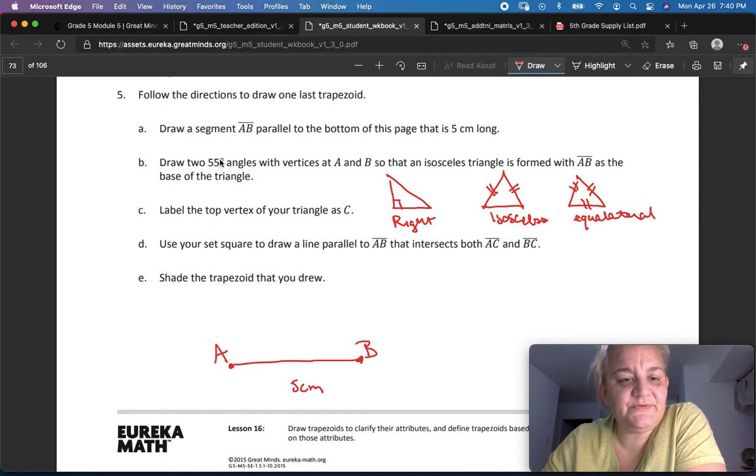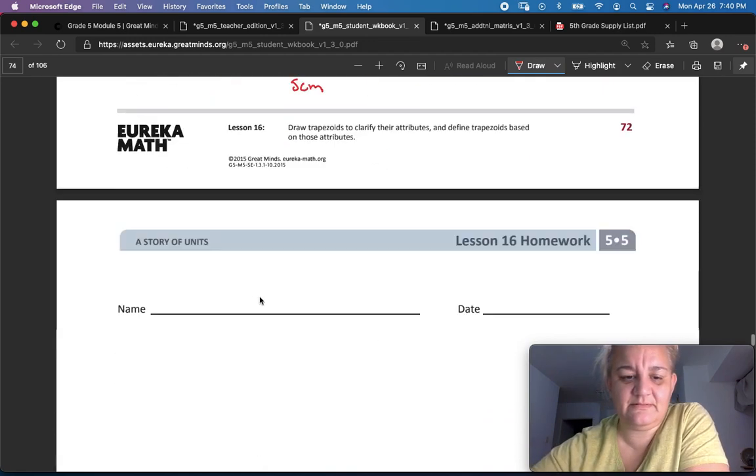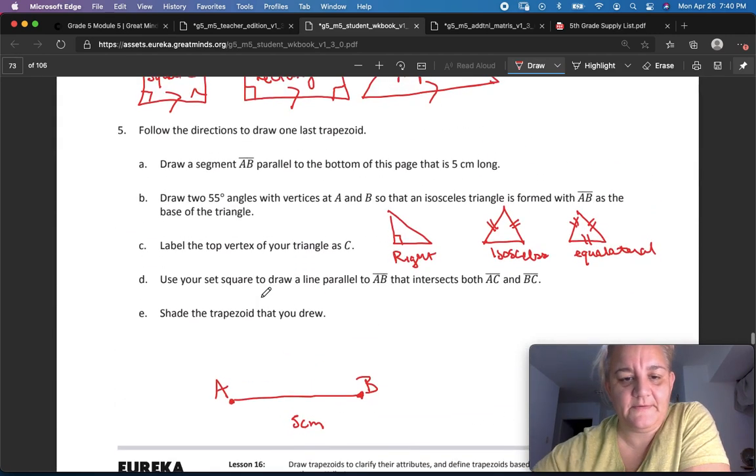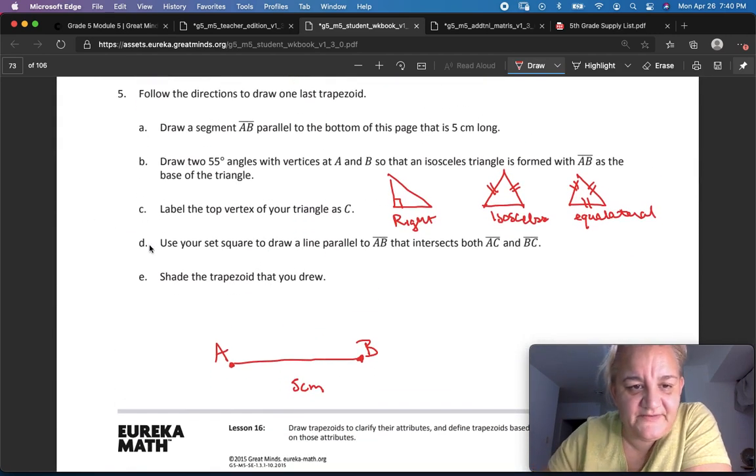Okay, draw two 55 angles with vertices at A and B. So vertices means the angle starts at A and B. Did they give us space? They did in your homework, good. Okay. All right, so use your compass to find 55 degrees.